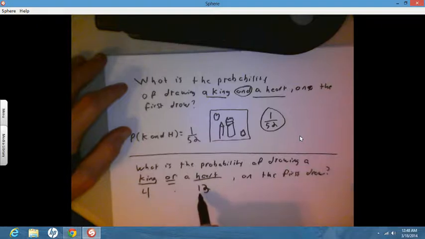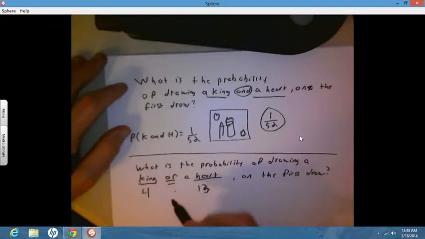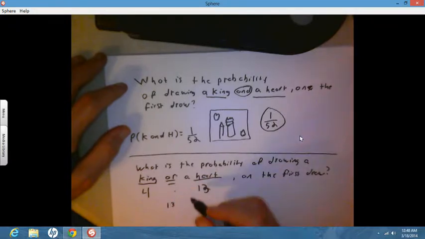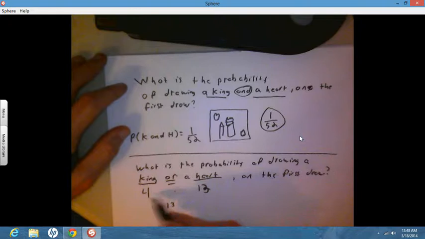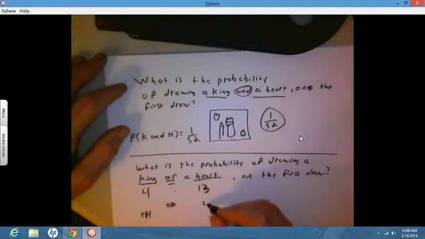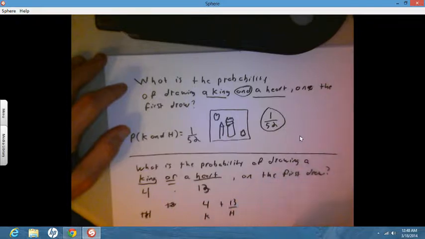So how many cards are either a king or a heart? There are 4 kings plus 13 hearts, and we had to subtract so we don't double count that king of hearts.